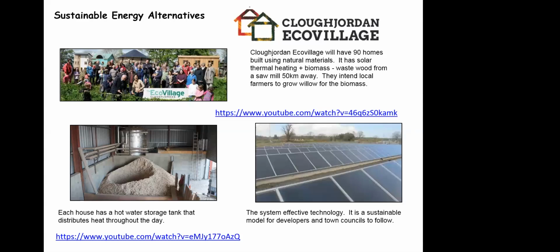At the moment, what they're doing is they're bringing the biomass in from a sawmill, which is about 50 kilometers away. And so it's waste from the sawmill, which would otherwise just be thrown away. So they're bringing that in, but they think that 50 kilometers is a bit too far for their wood chips to travel. And so what they want to do is talk to local farmers to do a deal with them.